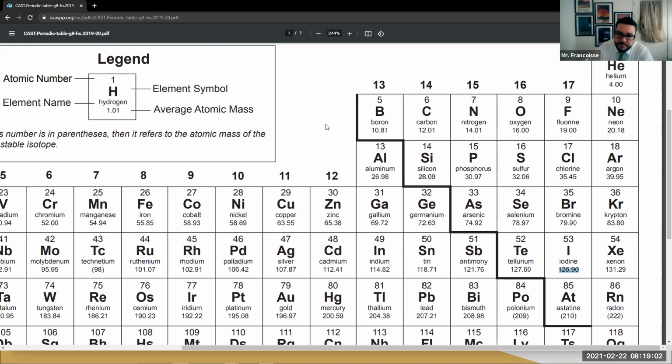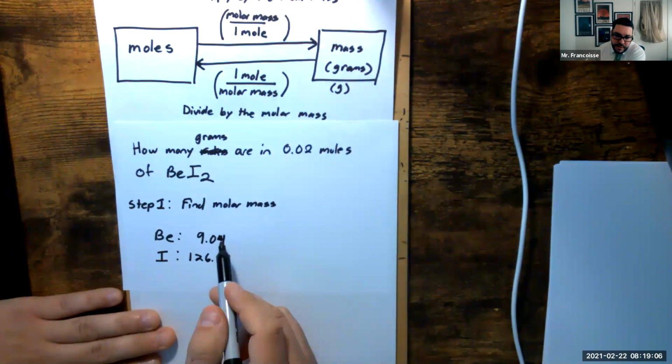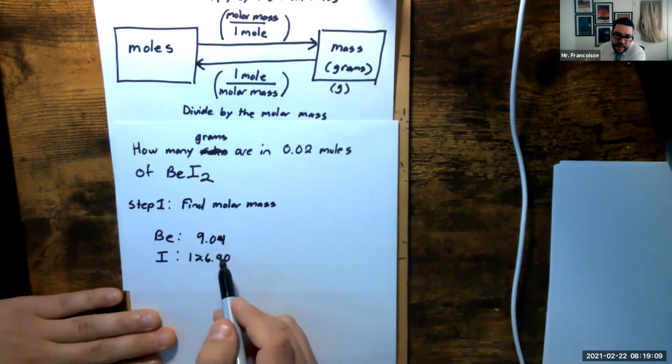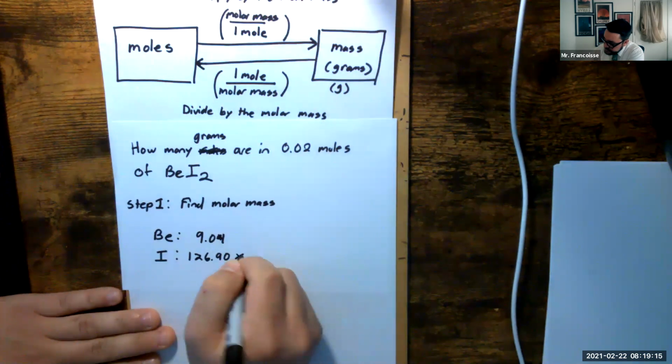So we're going to need to combine these two together. This is our mass of beryllium, 9.01. This is the mass of iodine, 126.90. We know there's 2 iodine, so we're going to multiply this by 2.